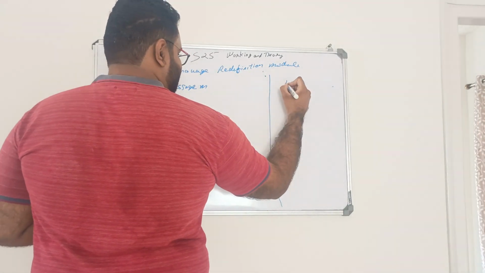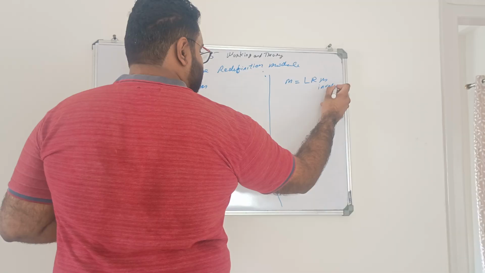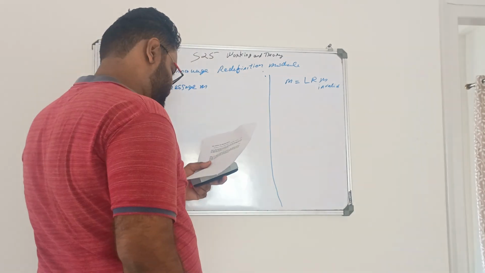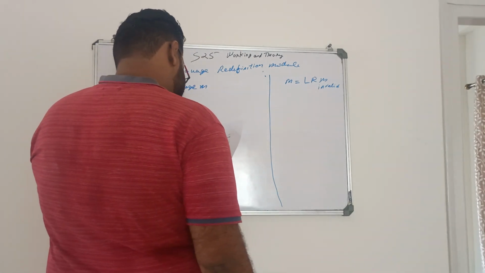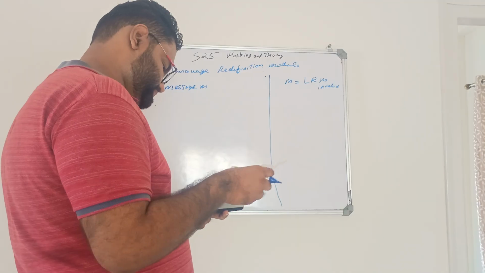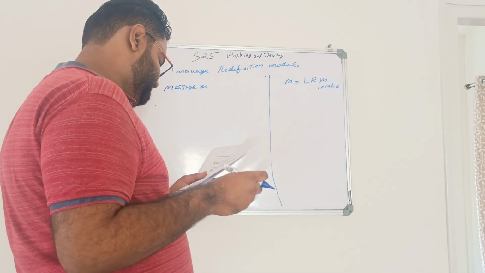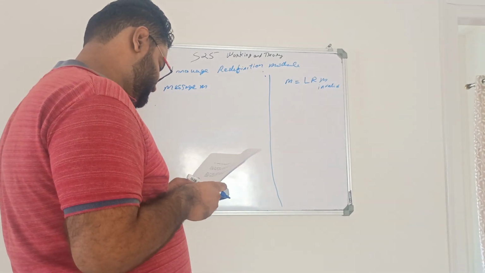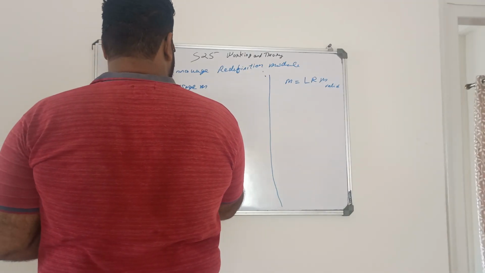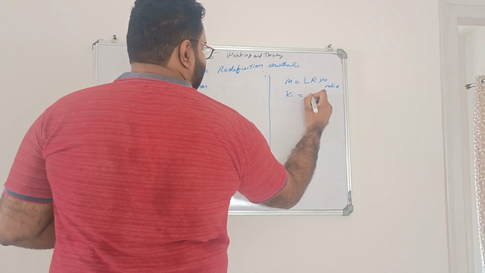So message M is LRM valid, and then I have key Ki, and Ki is invalid.